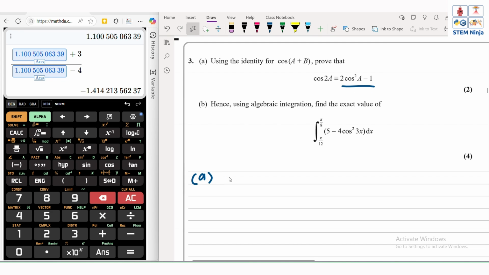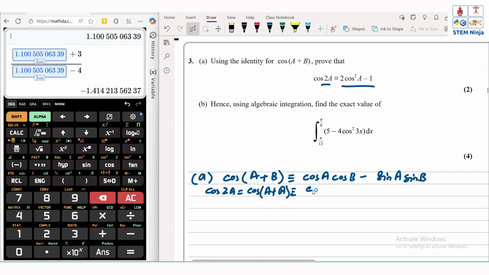This is easy because cos A plus B suggests that this is cos A cos B minus sine A sine B. If it is cos 2A, that means this is cos A plus A. So this would be identical to cos A cos A minus sine A sine A, which becomes cos squared A minus sine squared A.